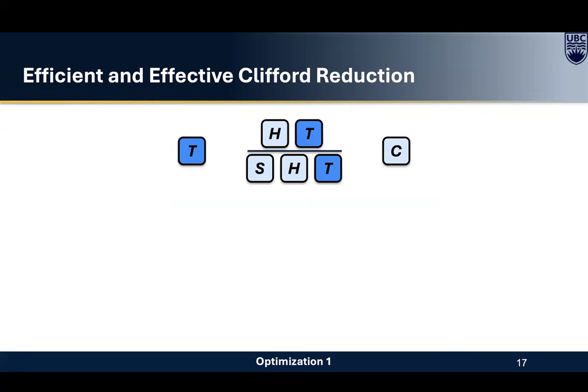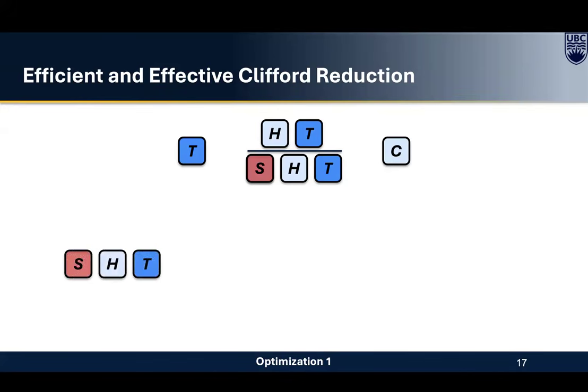So by looking at this form, the first gate we want to address is the phase gate. We mentioned that this is the most costly Clifford gate among the three of them, so we want to target this. From this form, we can see that there's only a very limited number of possibilities for where this gate can exist.